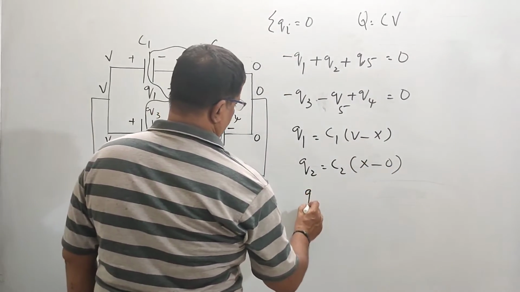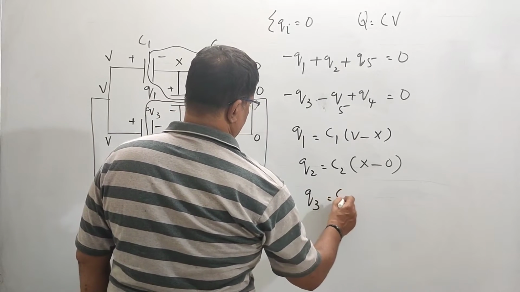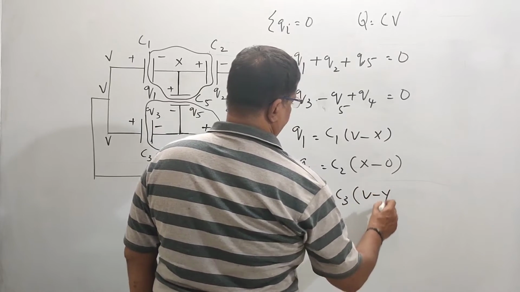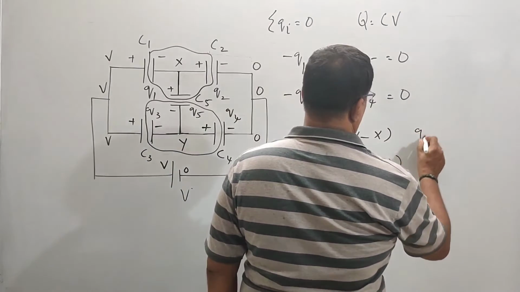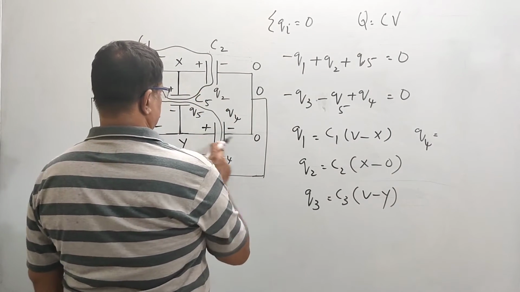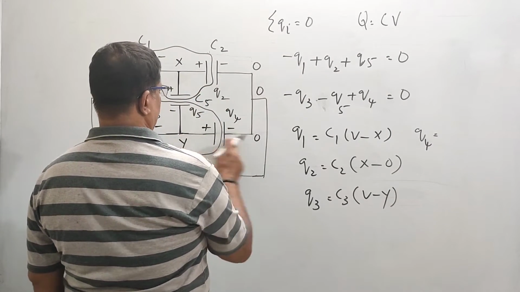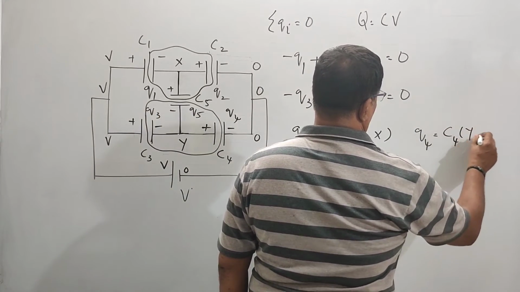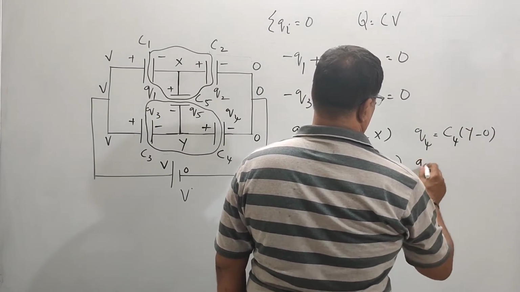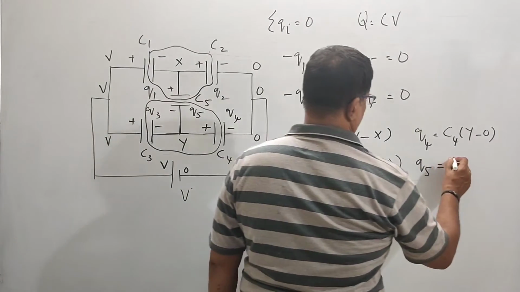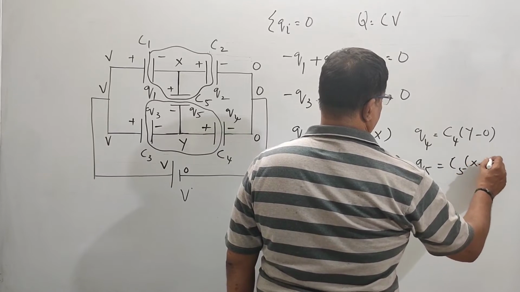For the third capacitor C3, we will write Q3 equal to C3 into V minus Y. Similarly, Q4 equal to C4 into Y minus 0, and Q5 equal to C5 into X minus Y.